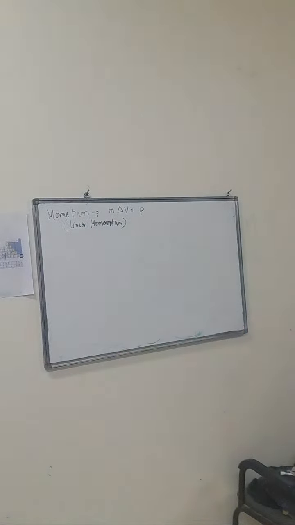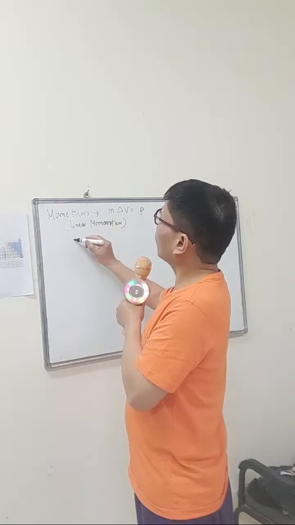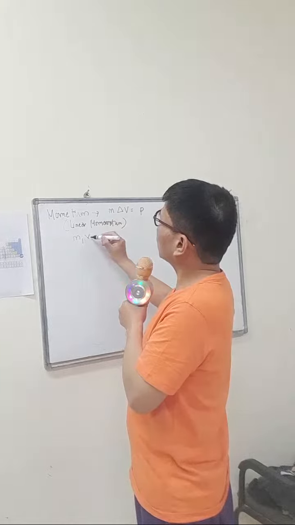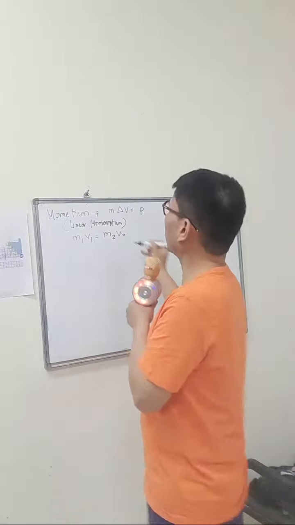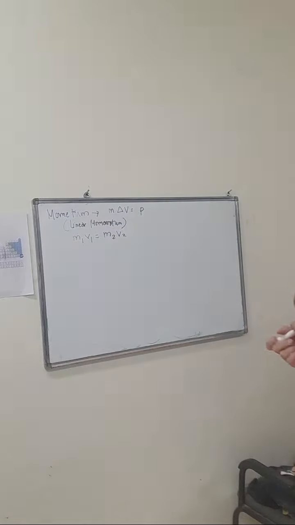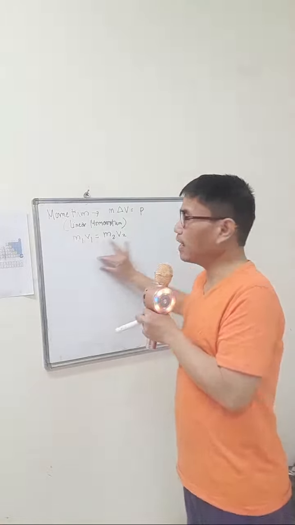Okay. So for example, if you have point 1 and point 2, in a linear momentum theory, we're gonna say m1 v1 is equals to m2 v2. Okay, we'll just have an assumption on a steady state motion.